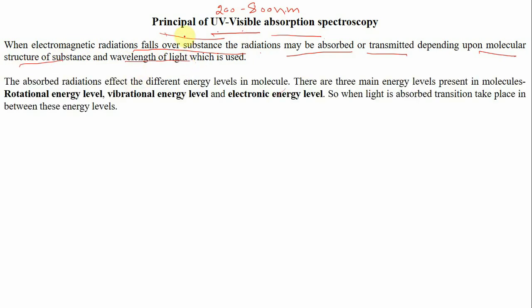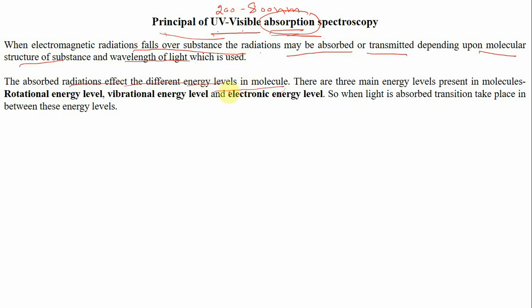Now UV visible spectroscopy is a kind of absorption spectroscopy. Absorption spectroscopy means we will study the light or the electromagnetic radiations which get absorbed. In absorption spectroscopy, the main principle is that when light is absorbed, it affects the energy levels in the molecule.